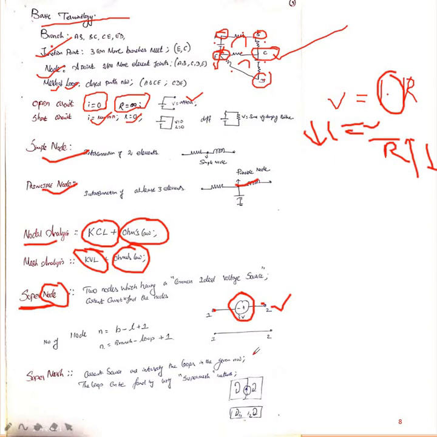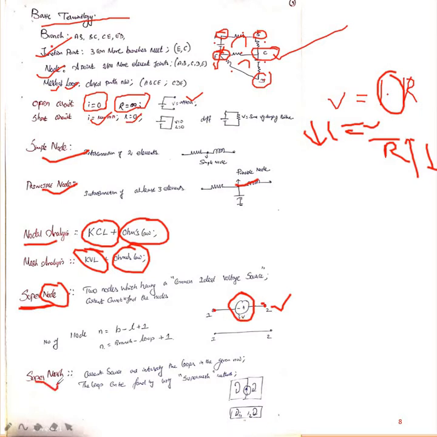Then you write V2 minus V1, since the plus sign is connected to the V2 terminal, equal to 3. You can write that equation.